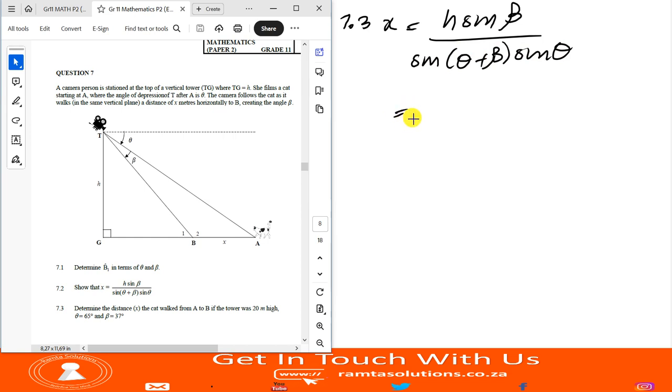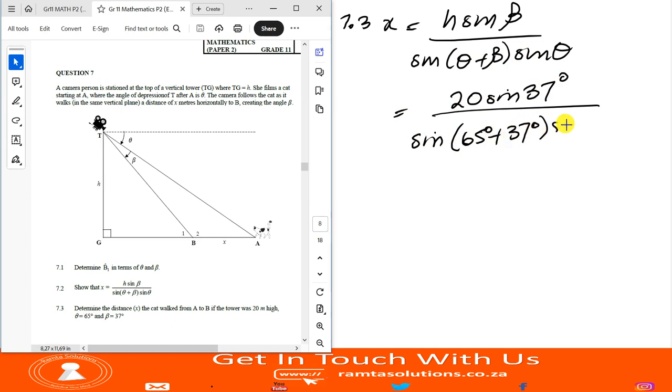They say the value of H, which is the height of the tower, is 20 meters. So it'll be 20, theta is 65 degrees, beta is 37 degrees. And then this is sine 65 degrees plus 37 degrees, all multiplied by sine theta, which is 65 degrees.